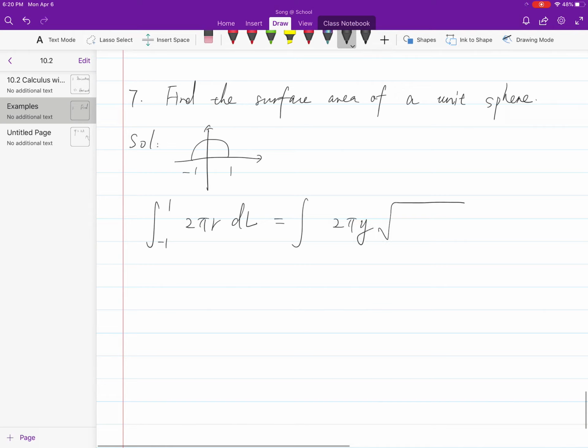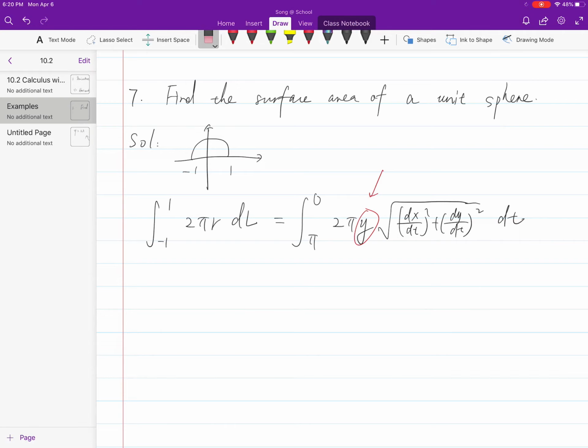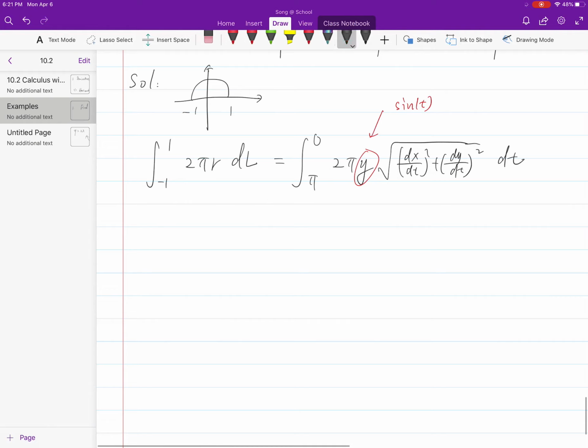Your r is definitely going to be y. So 2 pi y square root of dx over dt squared plus dy over dt squared, because I chose to do dt. And because of that, I go from pi to 0. And because I did that, my y is going to be replaced by sine t. That's what we mean by using parametric.